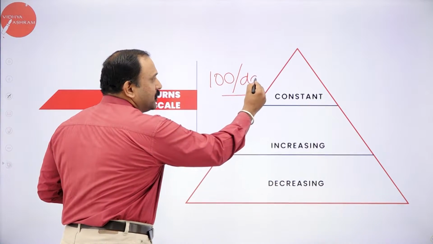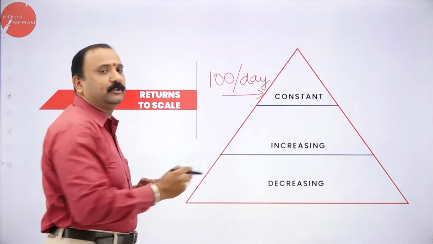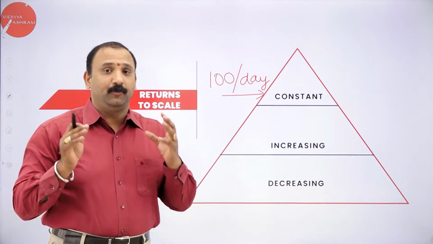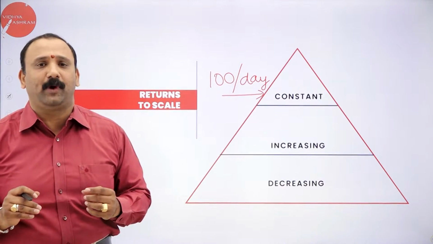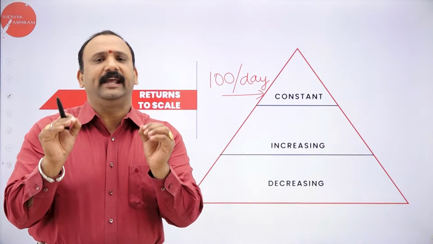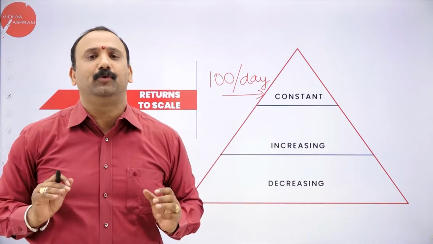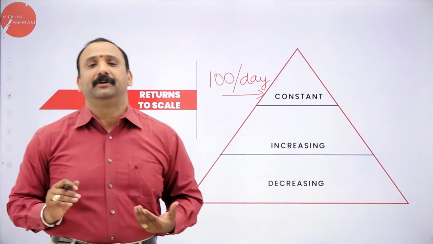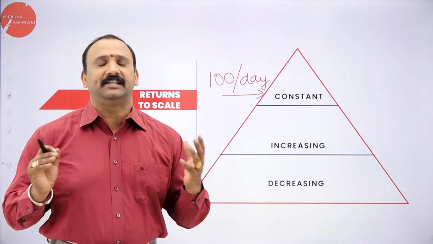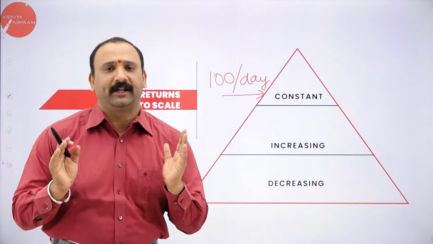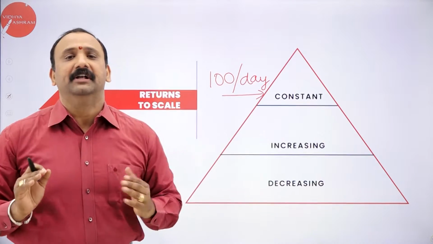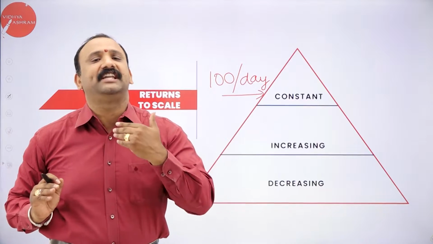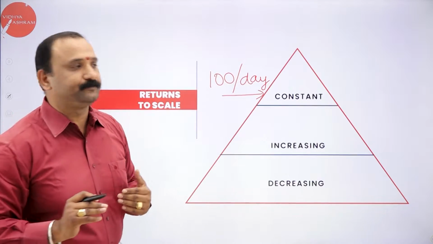Now you are very happy in this situation. Why? Because constantly there is some return coming to me. That gives a positive indication to the entrepreneur, to the manufacturer, saying that yes, we have done something, now we are getting a constant return. The industry is running at a stable speed altogether.